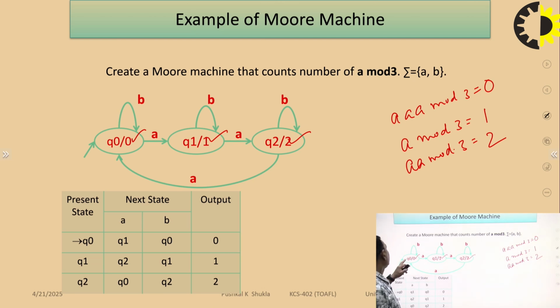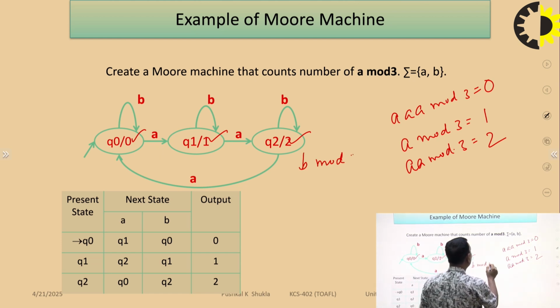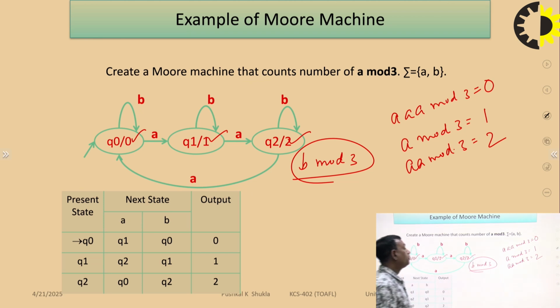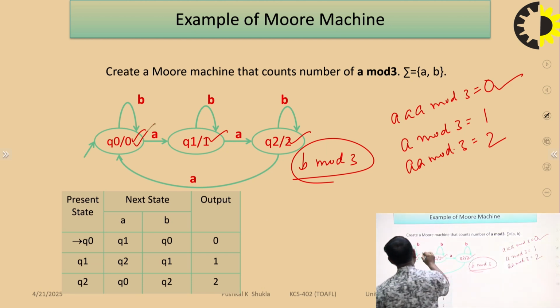So at the state Q0, if it reads B, then it goes to the Q0 state, because here the number of A is 0 and 0 mod 3 is 0. So output will be 0. So after reading B at the state Q0, it will go to the state Q0 and output is associated with 0.